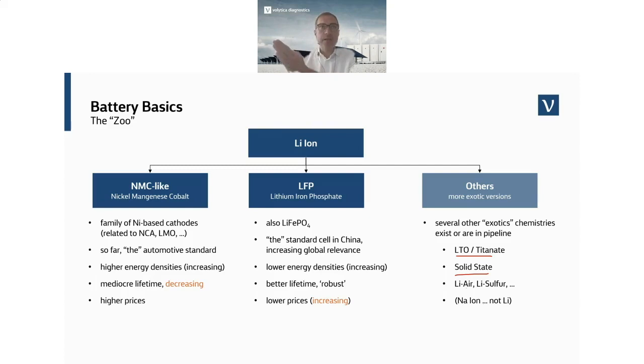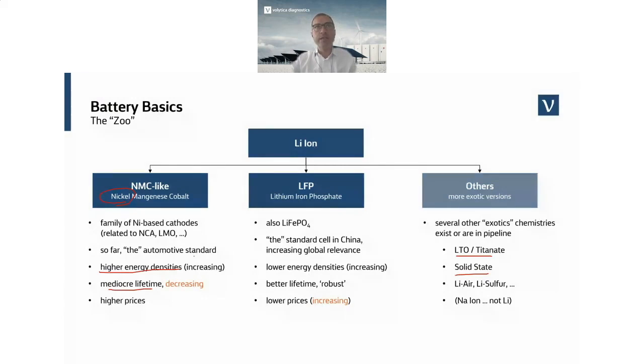We'll not deal with them. Our focus today will be on the typical NMC, which has been really the technology in the past when it comes to automotive and also stationary. They are characterized by always having some nickel contained. They have quite a high energy density and a mediocre lifetime and safety.